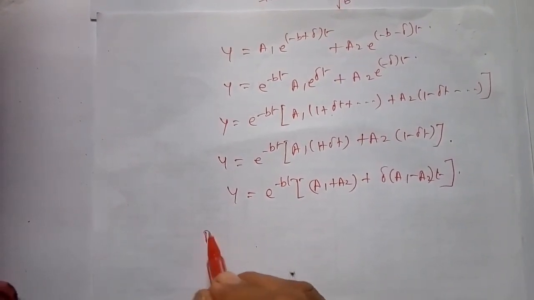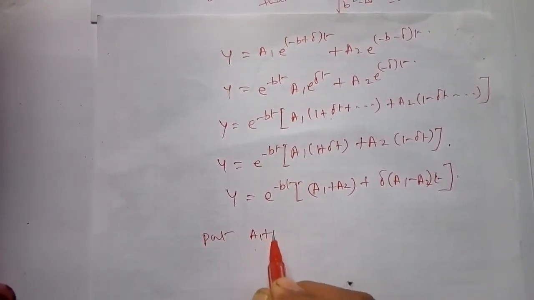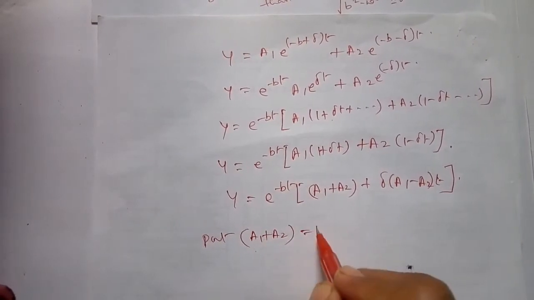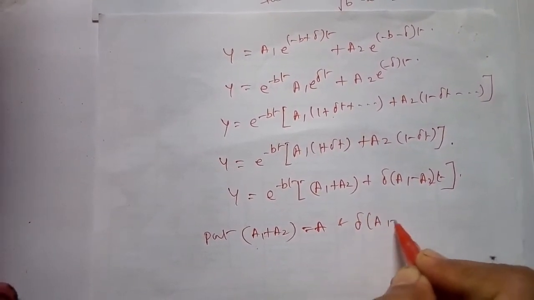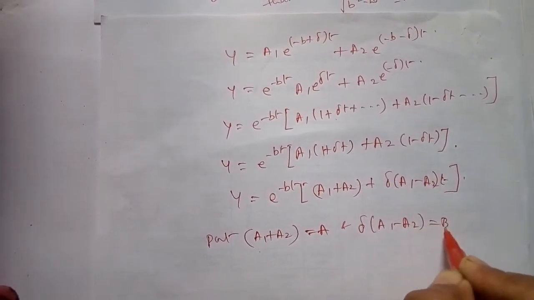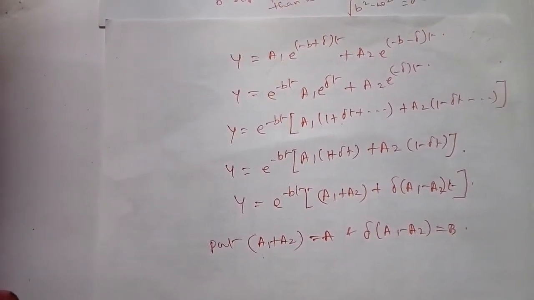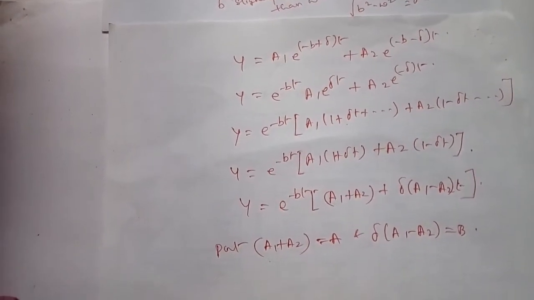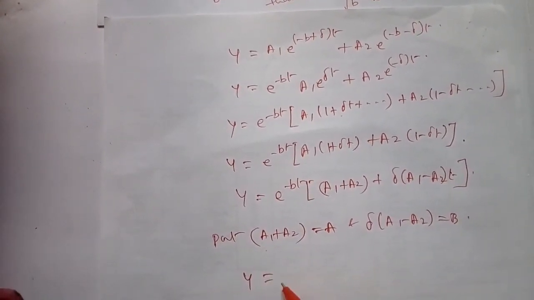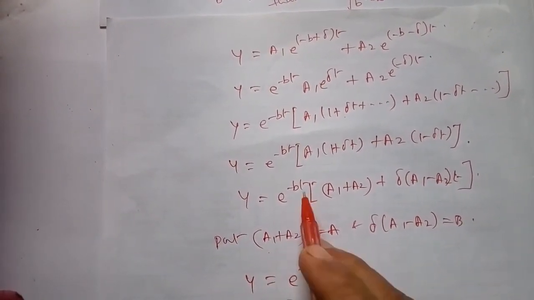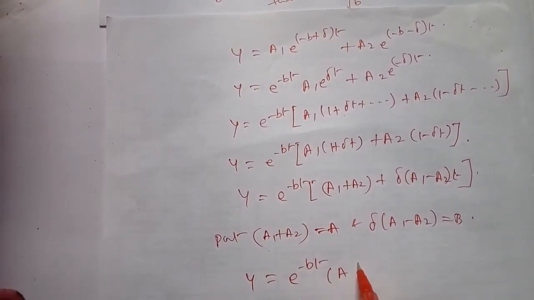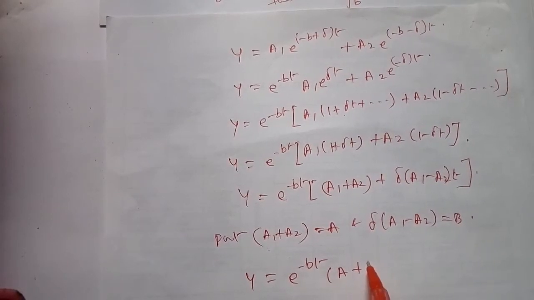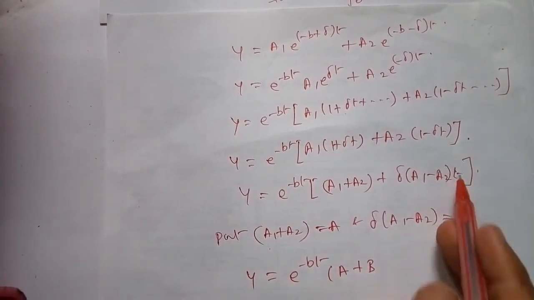So let us put a1 plus a2 is equal to A, and delta into a1 minus a2 is equal to B. Then y is equal to e to the power minus bt into A plus B into t.